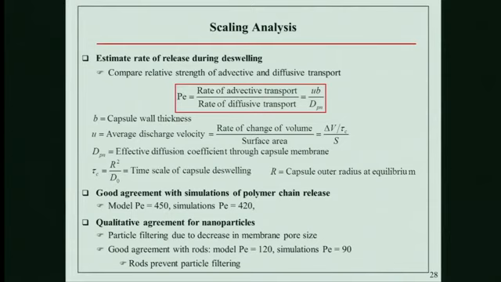If we want to compare it with particles, we see good agreement only if we add these rods. Without rods, I think it was 30. But again, this tells us that the particles are essentially filtered by this membrane. So now, if we think about applications, this is very, very important.